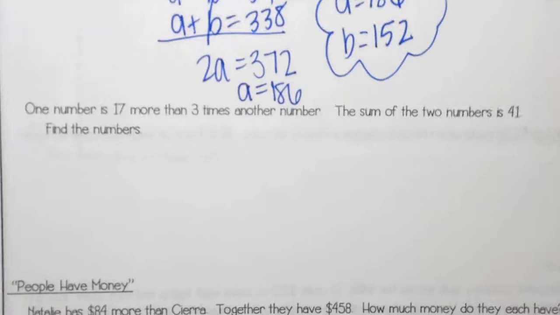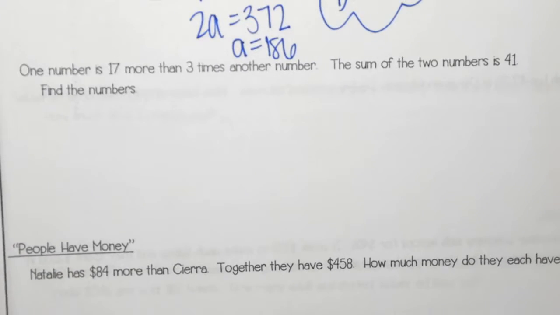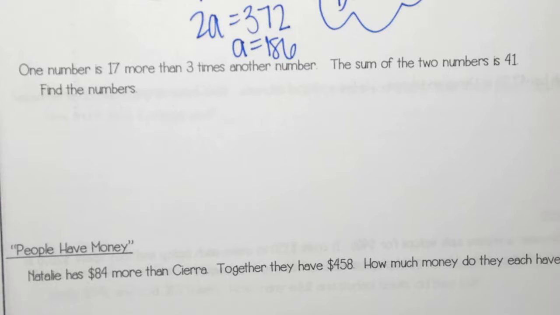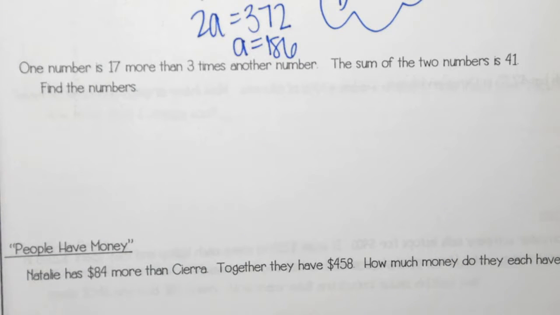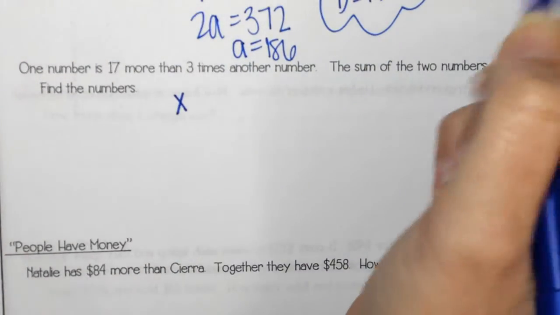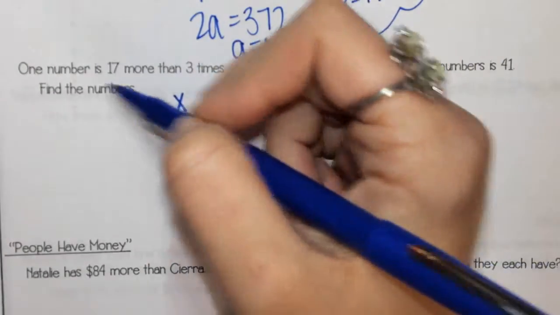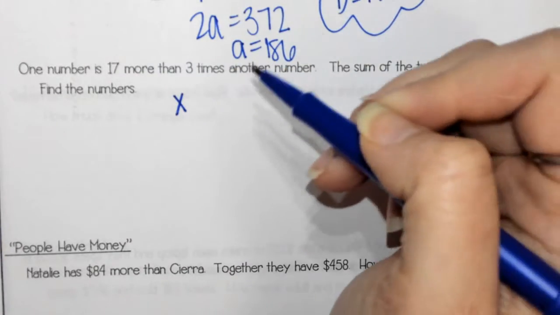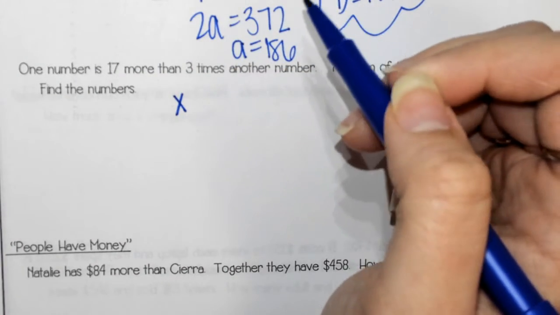Alright, let's look at the next number. This one is different. It says one number is 17 more than 3 times another number. Okay? So do we know what one number is? So if we don't know what it is, then we call it X. And when we're writing an equation, what does is represent?